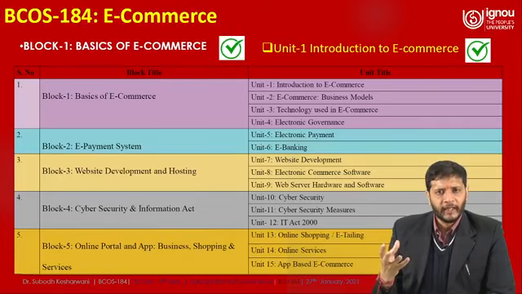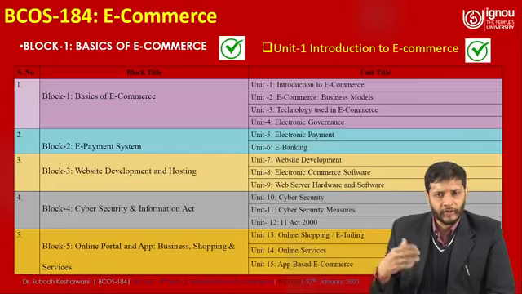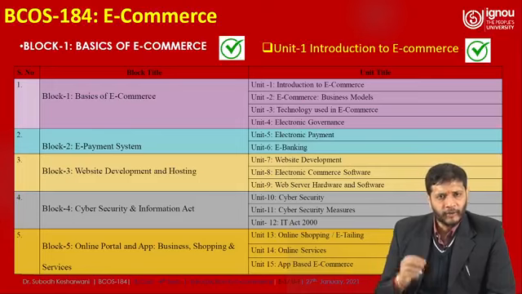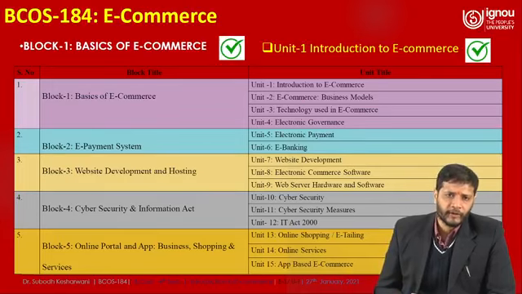We have seen how governance has changed, how our Aadhaar card or PAN card given by the government is now changing, and you have access to make changes at your own place. A lot of changes are coming up, and governance is also improving with the help of that. So this is the first block, focusing on the basics of e-commerce.